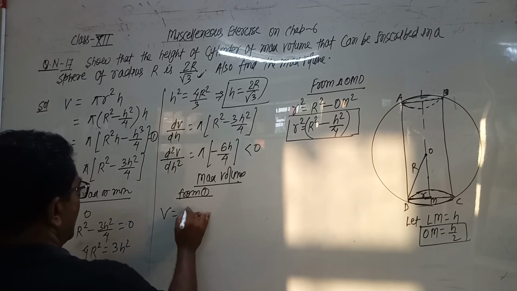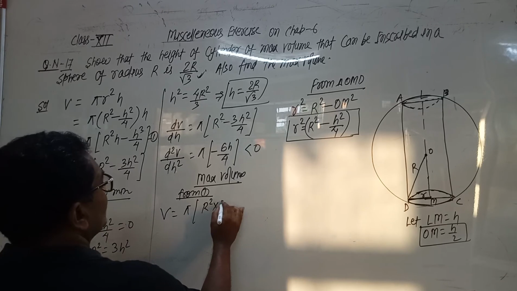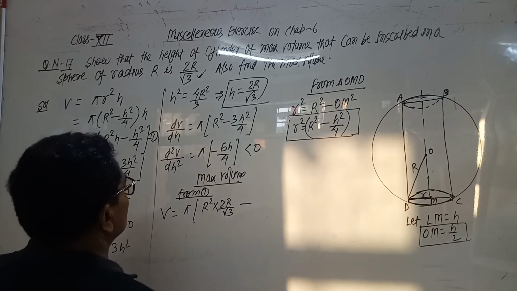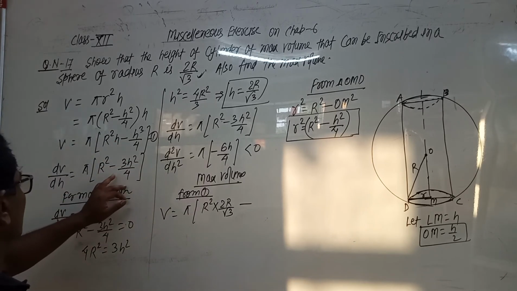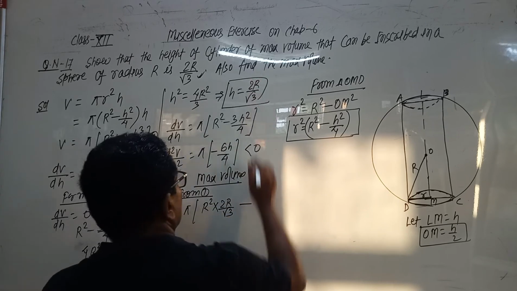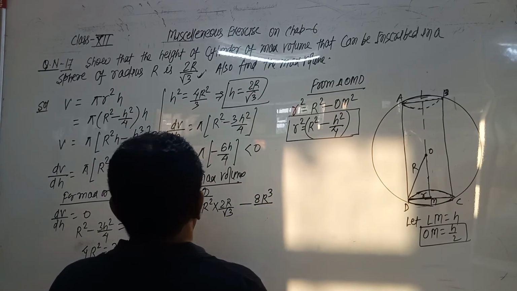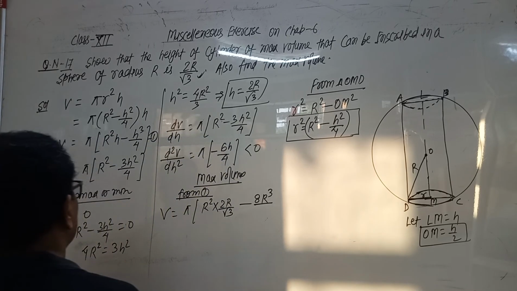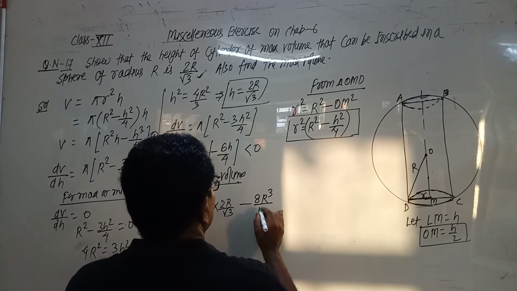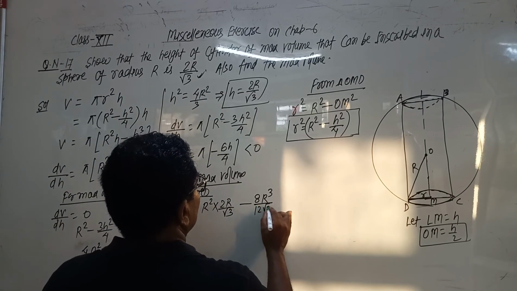Volume equals pi r square into h. The value of h is 2r by root 3 minus h cube by 4. h cube is 8 r cube upon root 3 cubed. Root 3 cubed means 3 root 3, and into 4 means 12 root 3.